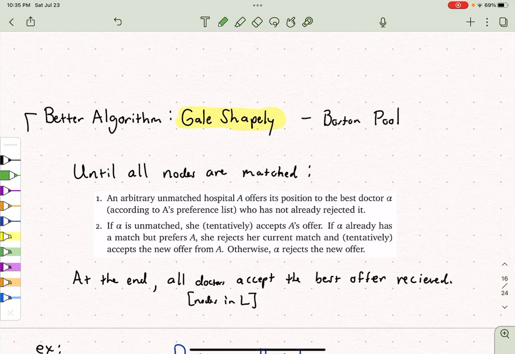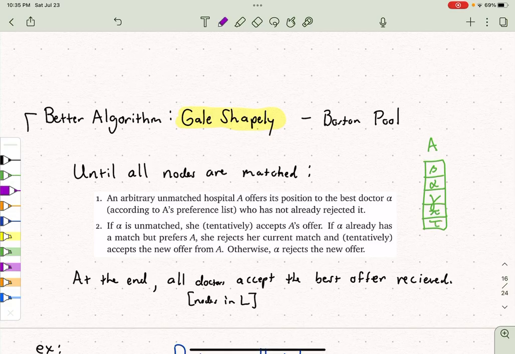So what A is going to do, we could draw A's preference list, and maybe A's top choice was, say, beta, then alpha, and then gamma, and then there's others, say maybe there's pi and tau.